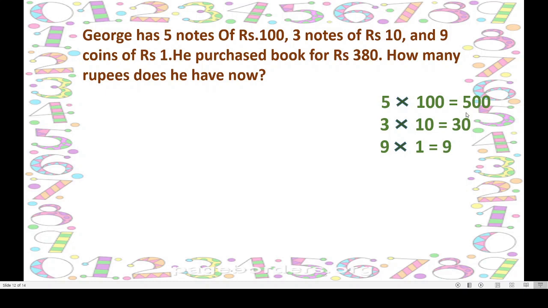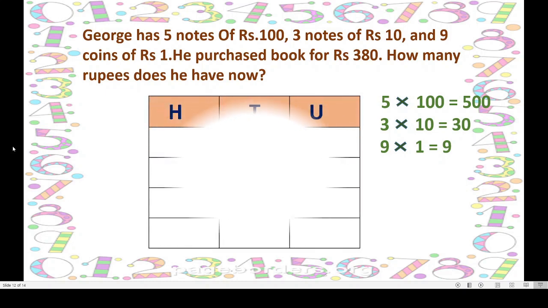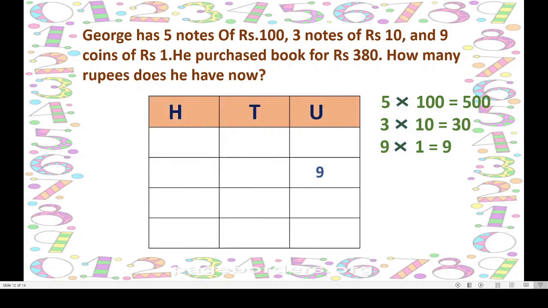How many rupees is he having? 539. Okay, now we will make a table. We will write 539 up. Okay, and we have to subtract 380 because the cost of the book is 380. So we will subtract this from the total amount, that is 539.